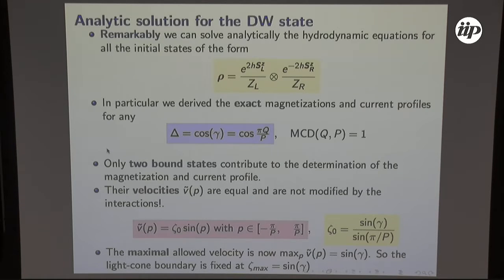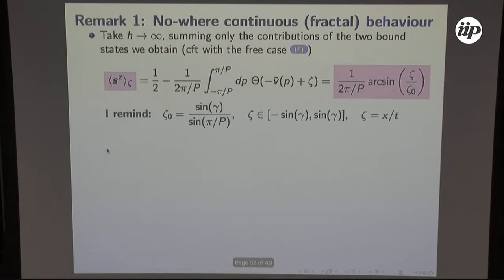So you see that if you take gamma equal to 0, so delta equal 1, which is the isotropic point, the particles don't move at all. And that's why transport stops existing in a ballistic form at delta equal 1. Because the effective velocity of the quasi-particle goes to 0. And this is due to the interaction. There is no way. So this is the nice thing that you can already see from here.